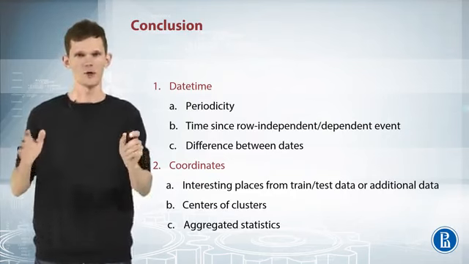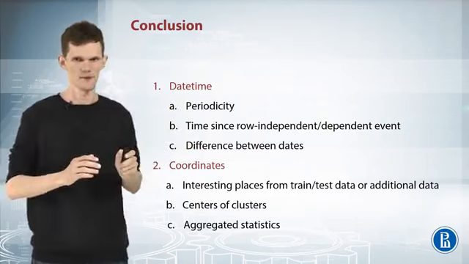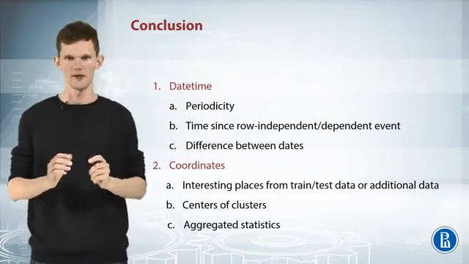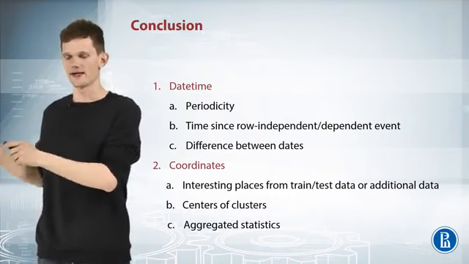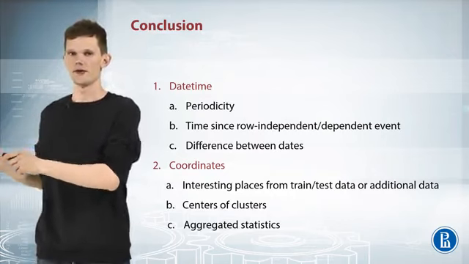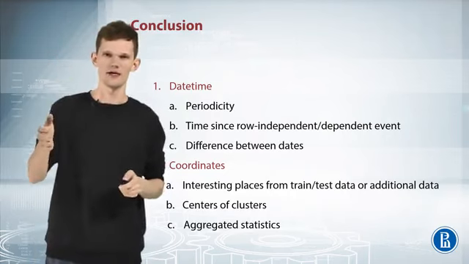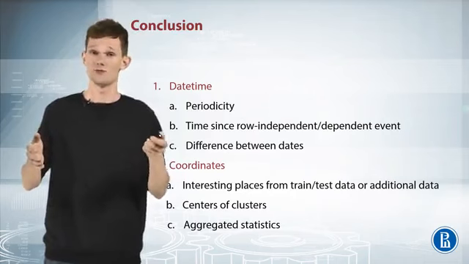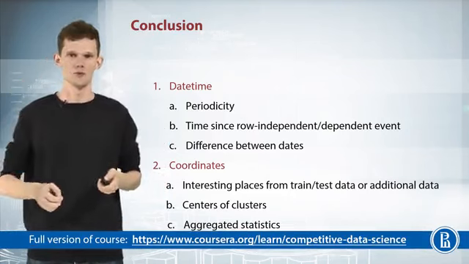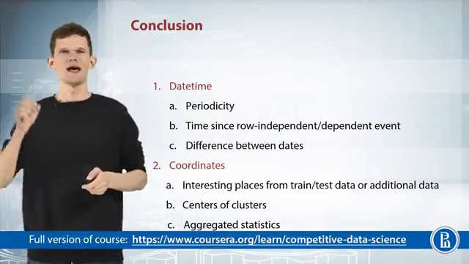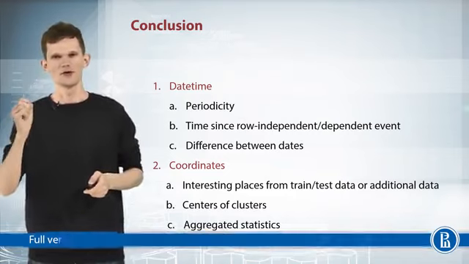For coordinates, we should recall extracting interesting samples from train and test data, using places from additional data, calculating distances to centers of clusters, and adding aggregated statistics for the surrounding area. Knowing how to effectively handle datetime and coordinates, as well as numeric and categorical features, will provide you a reliable way to improve your score and will help you devise that specific part of the solution, which is often required to beat very top scores.